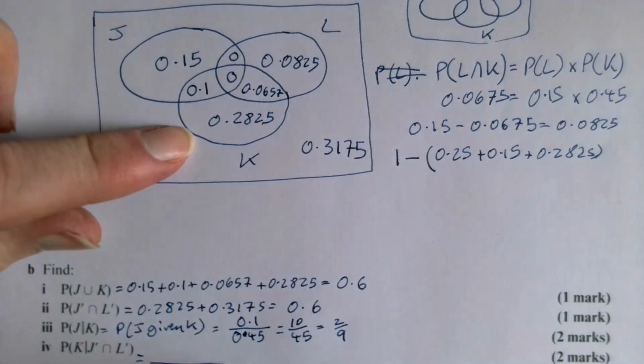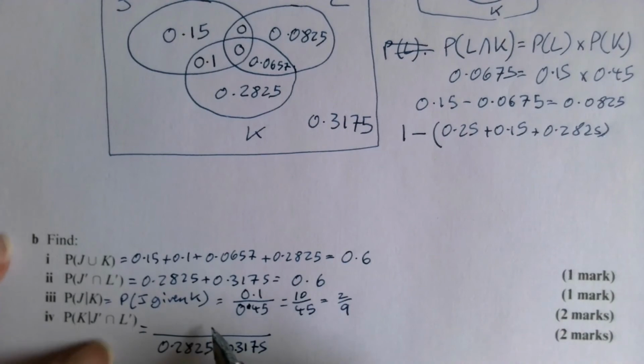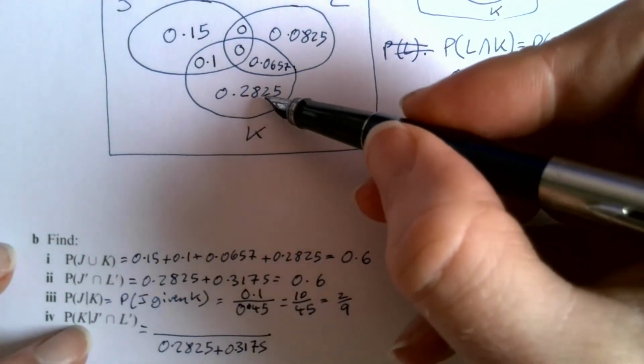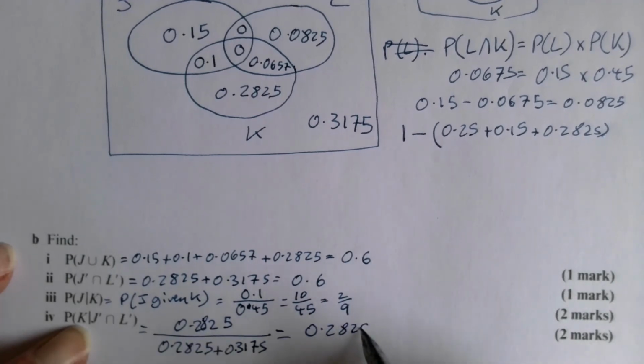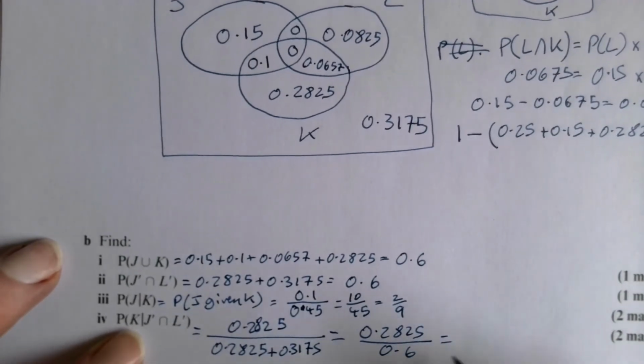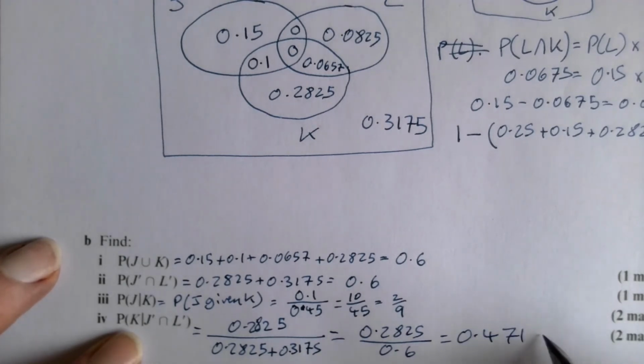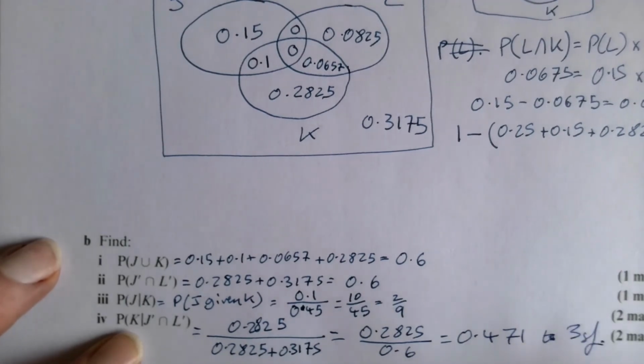So what we're looking at, our denominator being 0.2825 plus 0.3175, and our numerator being the bit that is in K, 0.2825. They add up to make 0.6. But when that comes out as a decimal, it should be 0.471 to 3 significant figures.